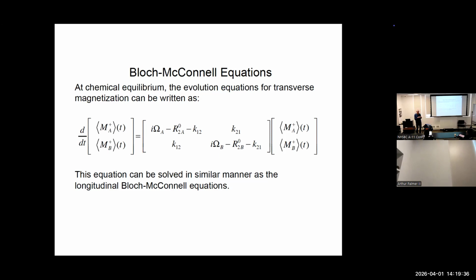The secular approximation, which says we must have a degenerate frequency in the interaction frame in order to see the cross relaxation. So here, if the shift difference is large relative to the jumps, the two lines are going to be non-secular.